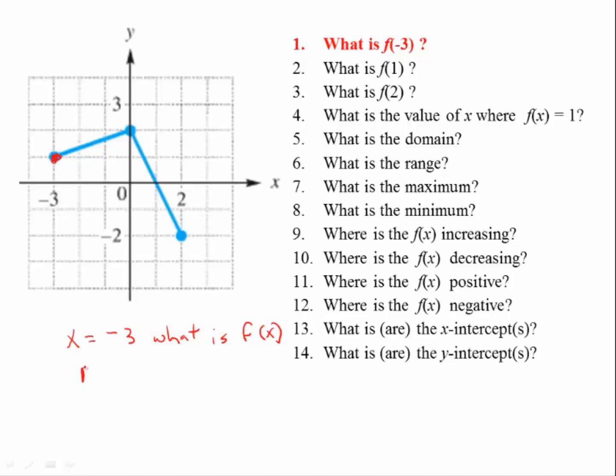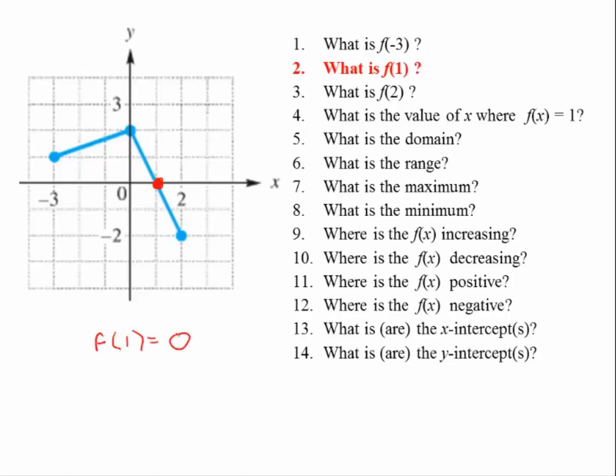So we say f of negative 3 equals 1. What is f of 1? When x is 1, y is 0. So f of 1 equals 0. What is f of 2? When x is 2, we have the y value equal to negative 2.